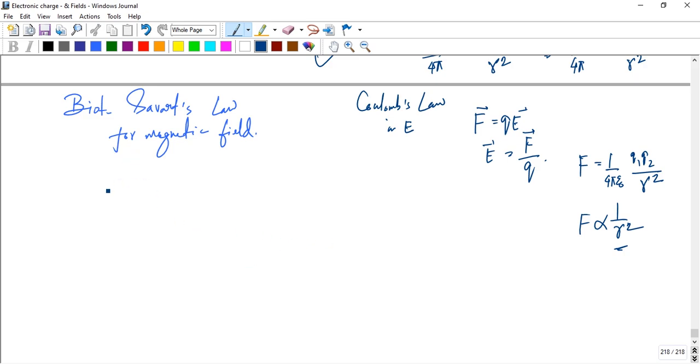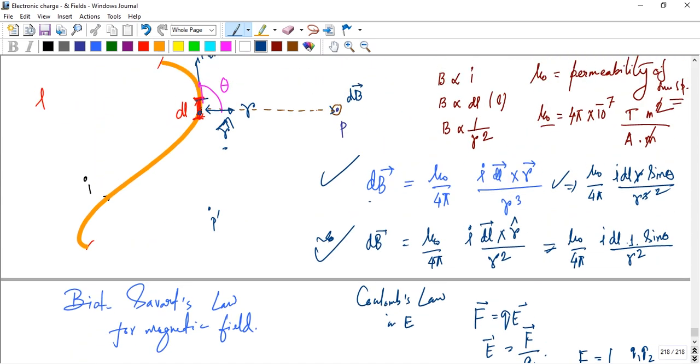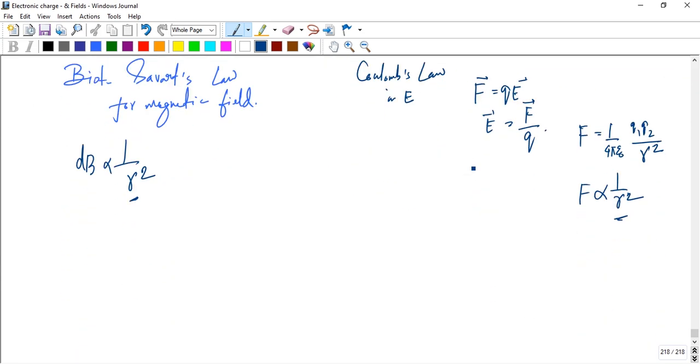And for the magnetic field, dB is 1 over R square, and this R is the gap between the moving charge and that point, whereas here the separation is between 2 charges. Actually the static charge produces an electric field, here it is a moving charge, so that's why the where is needed.